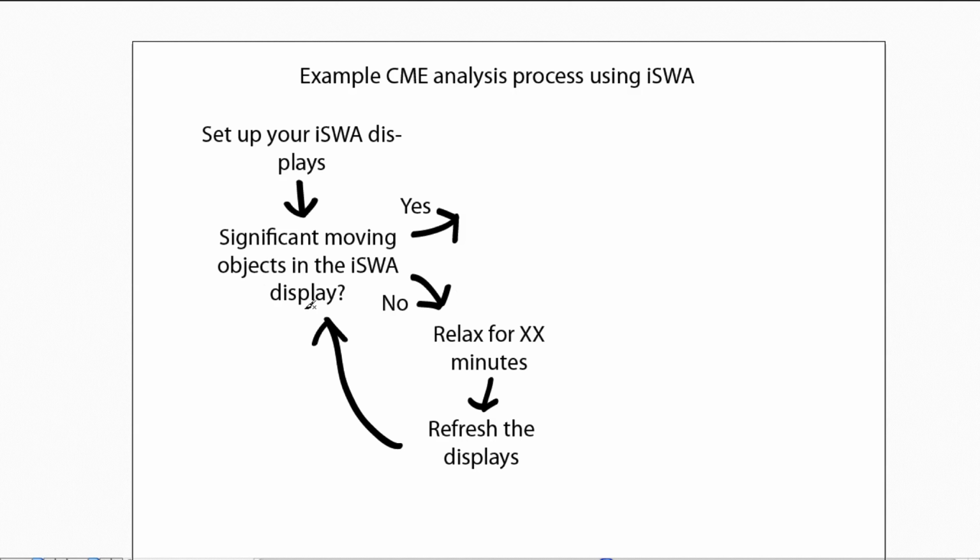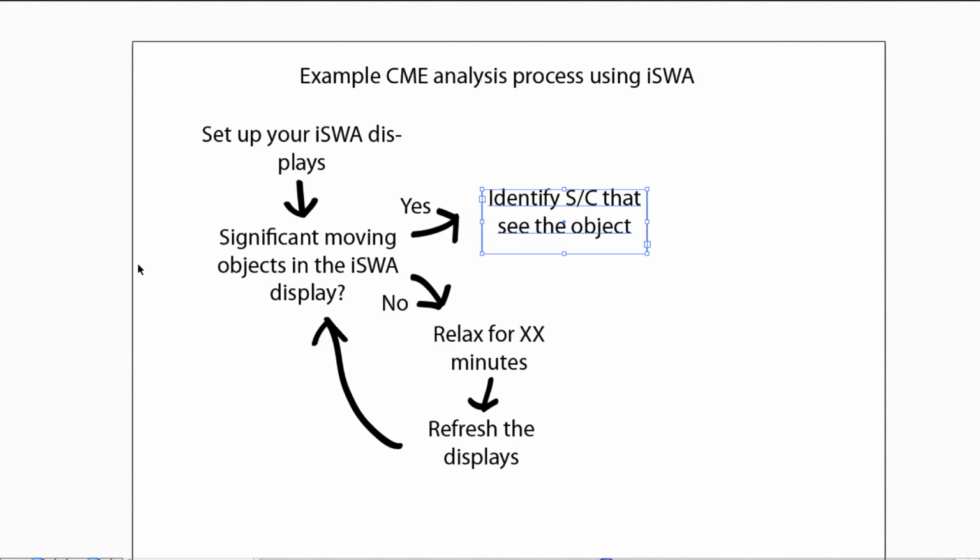But of course, the actions change if you do indeed identify something significant moving in the ISWA displays that you have set up. And if this is the case, then the first step in the yes branch is you should identify the spacecraft that see the moving object.